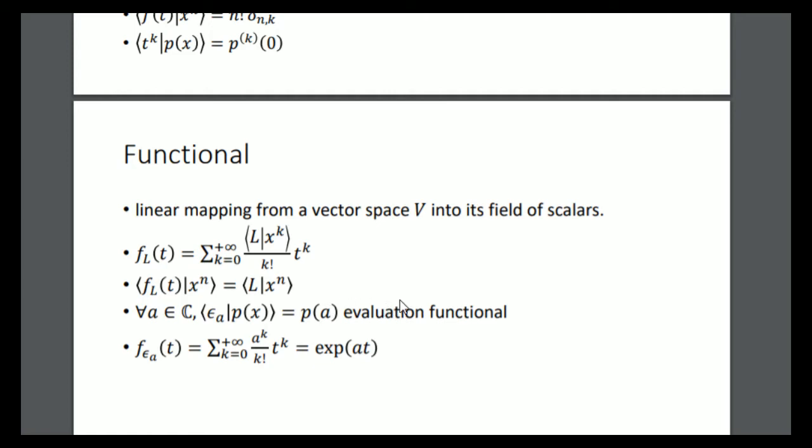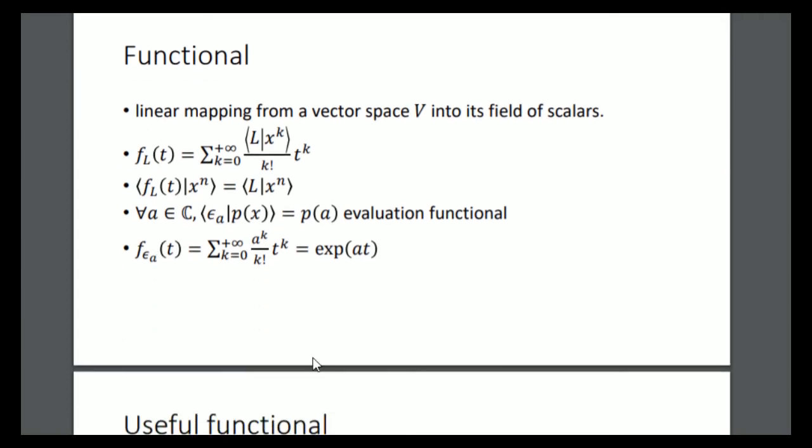In particular, if we calculate this function related to the action of the polynomial, f of epsilon a will be equal to the polynomial evaluated in a, but the polynomial evaluated in a is just t to the kth power.